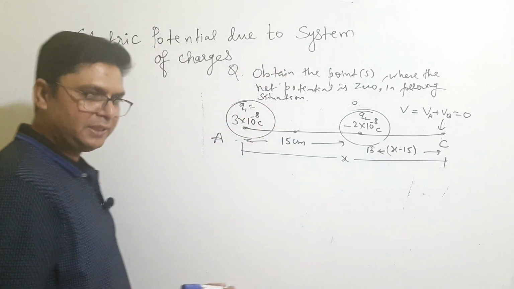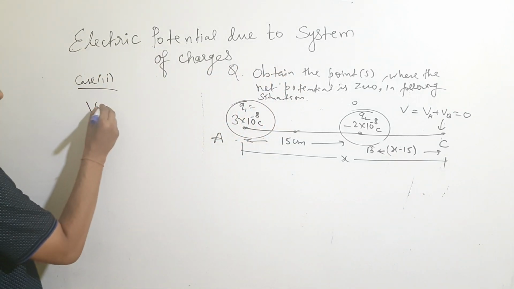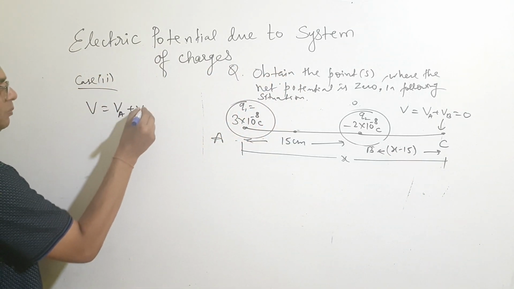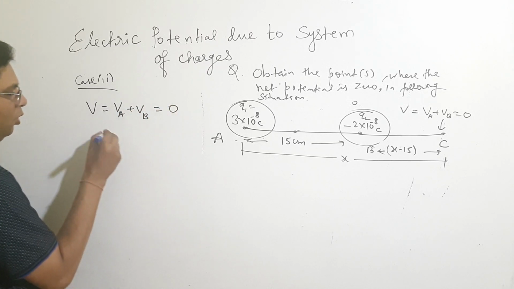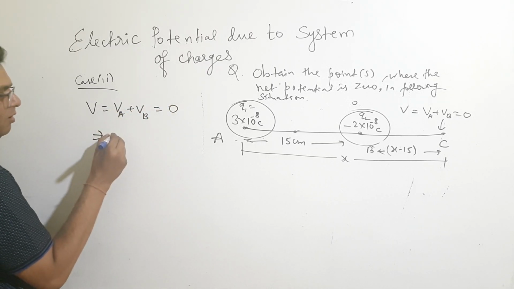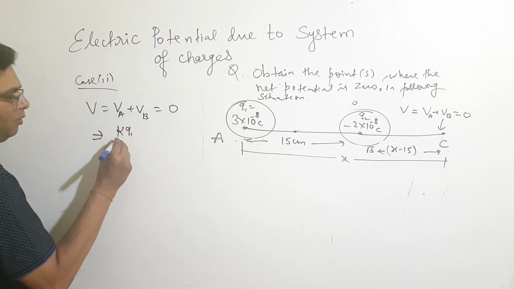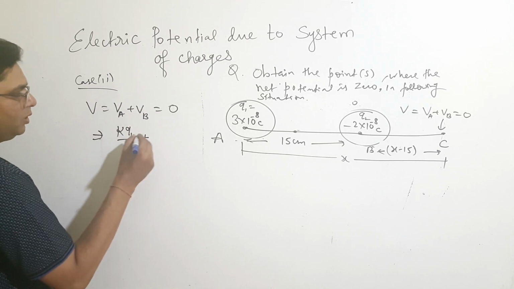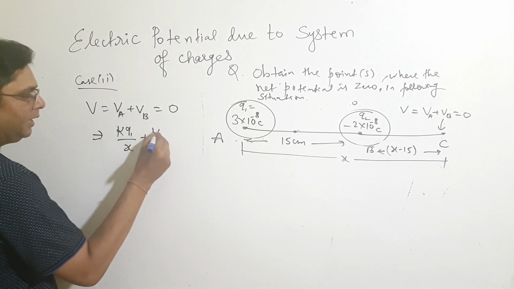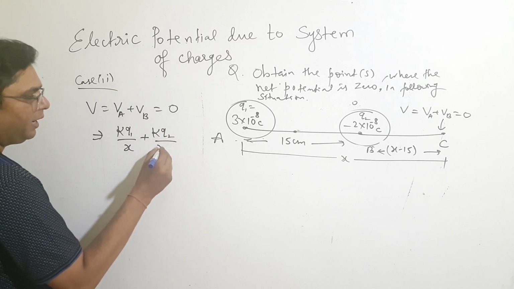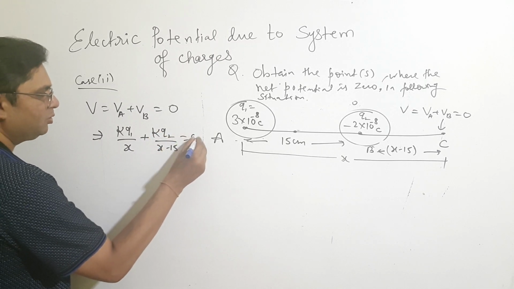The process will be the same: V equals VA plus VB, which equals 0. Now put the value of VA, k Q1 upon x, and the value of VB, k Q2 upon x minus 15, which equals 0.